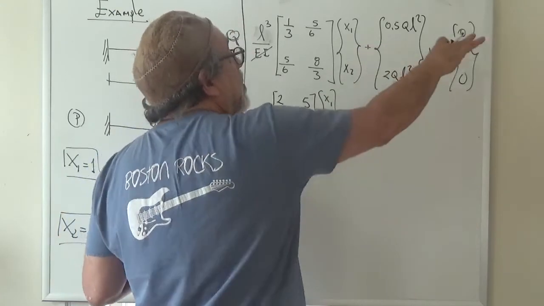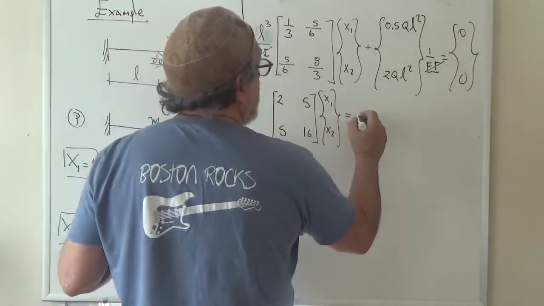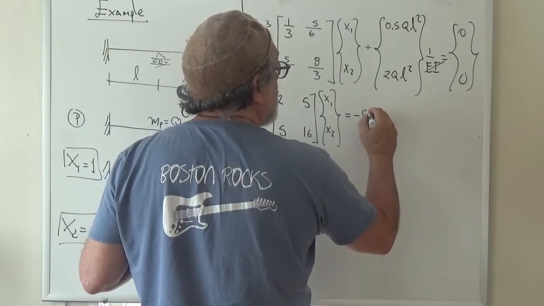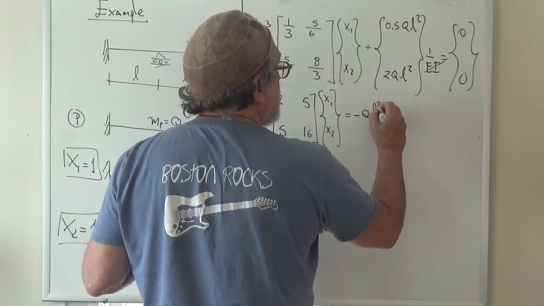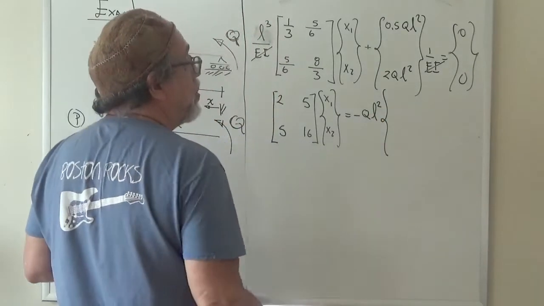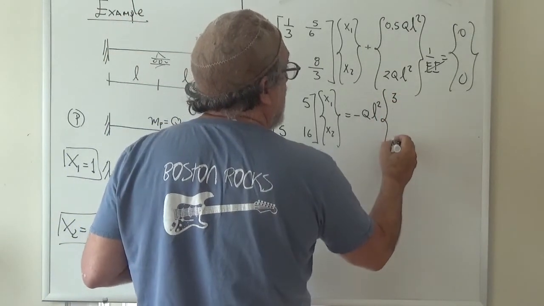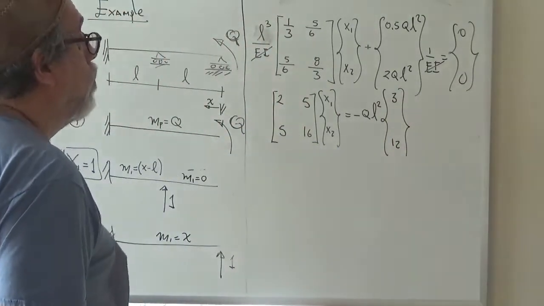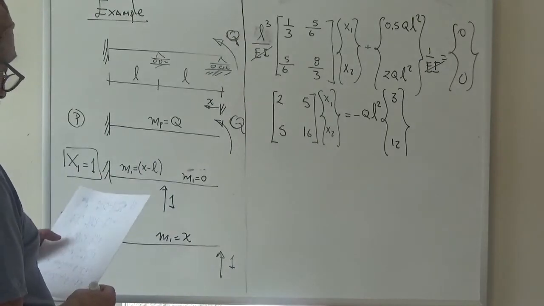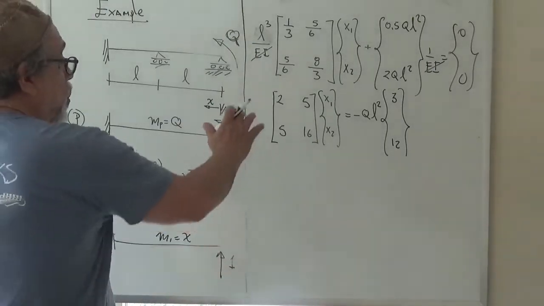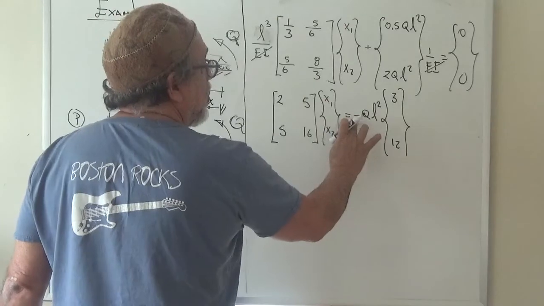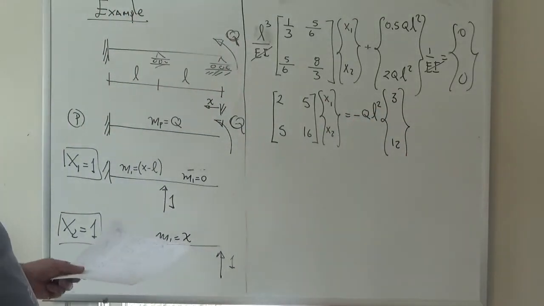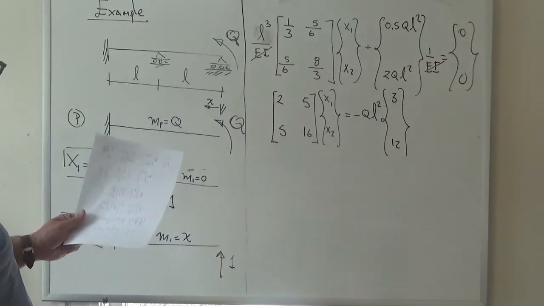Take this thing to the other side, and so it's a minus. I multiplied by 6, so anyway QL squared is outside. And since I multiplied by 6, this is a 3, and this is a 12, right? So it looks like that: 2, 5, 5, 16, x1, x2 minus QL squared, 3 and 12. Well, it doesn't matter. I can go through the steps, but what is the point, right?